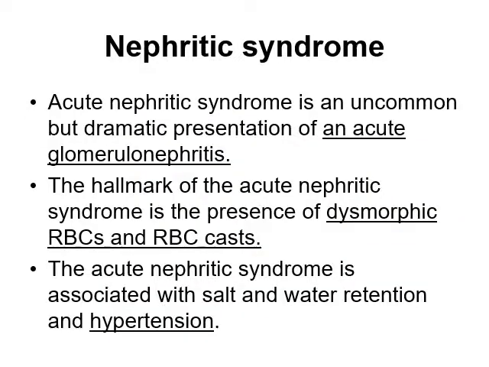Second is the hypertension. Why is there hypertension? Because there is some sort of relative ischemia for the glomerulus, because the inflamed basement membrane will diminish the space of the glomerular capillary tuft, and there will be less blood coming to the glomerulus, and it will sense it as ischemia, so there will be stimulation of the juxtaglomerular apparatus to elaborate renin, and there will be, at the end of the day, salt and water retention and hypertension.